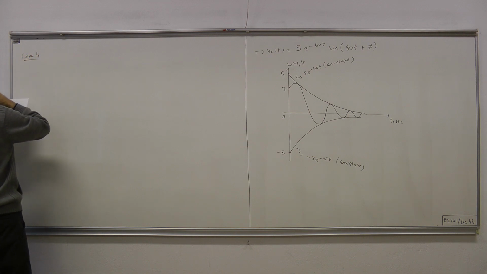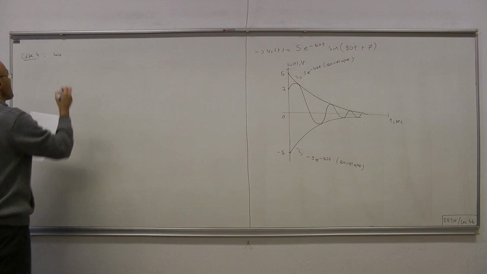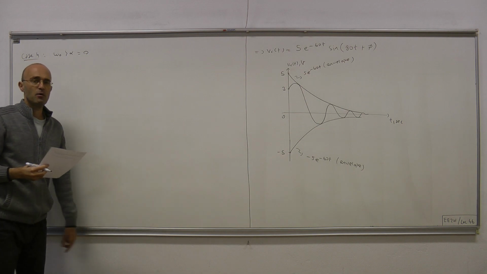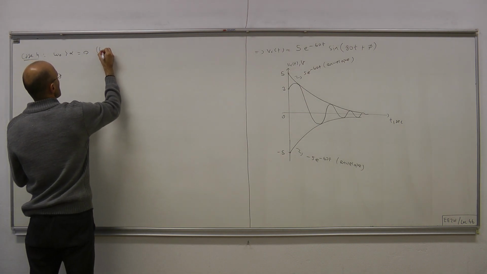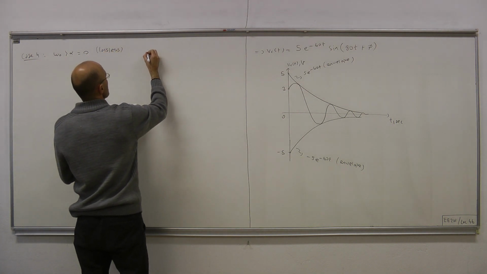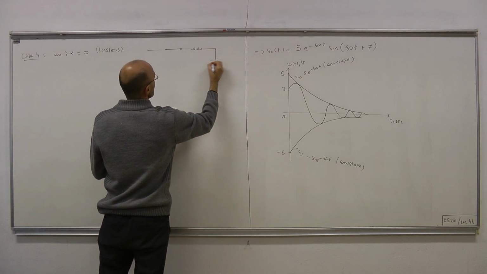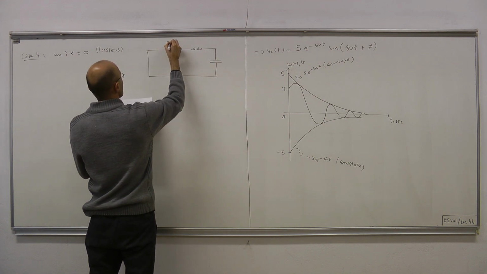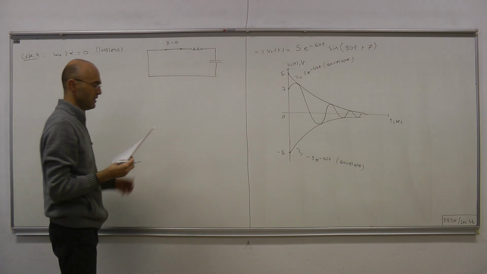Case 4: omega 0, the resonant frequency, is positive and alpha is 0. This case is called lossless. For the series RLC topology, it means R equals 0, zero resistance or infinite conductance.